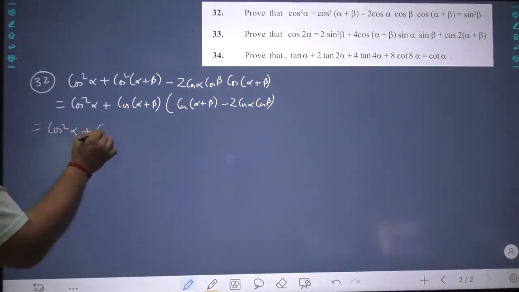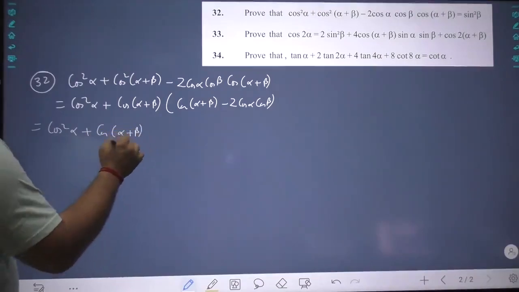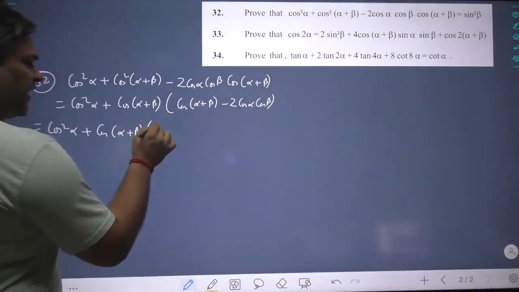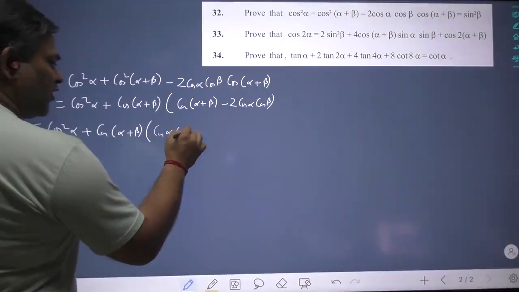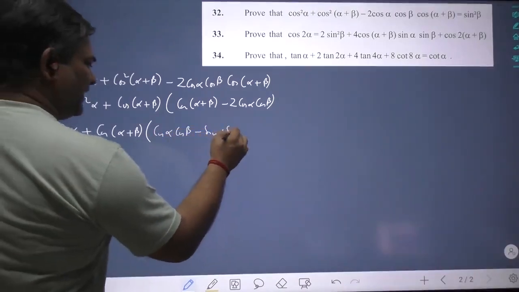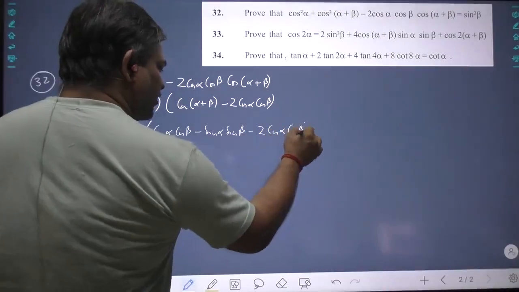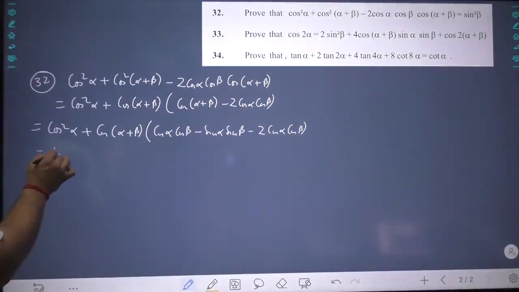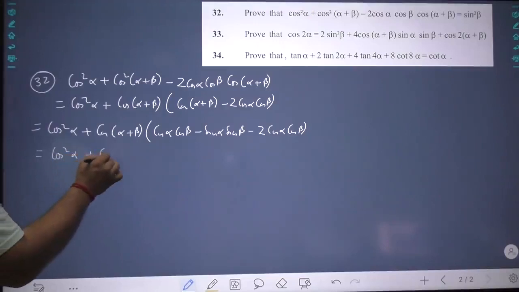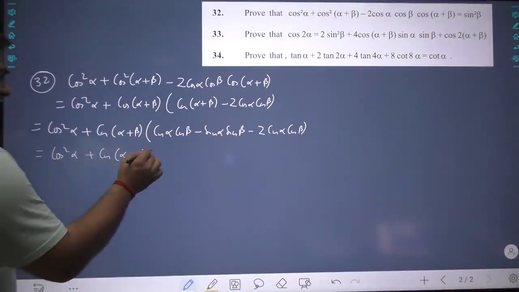So you have cos square alpha, cos alpha plus beta. Expand cos alpha plus beta: cos alpha cos beta minus sin alpha sin beta, minus 2 cos alpha cos beta. So this comes out to be cos square alpha cos of alpha plus beta.